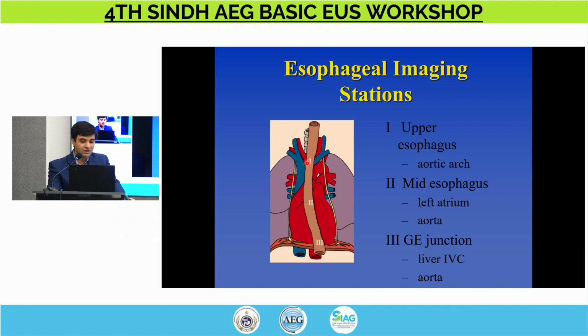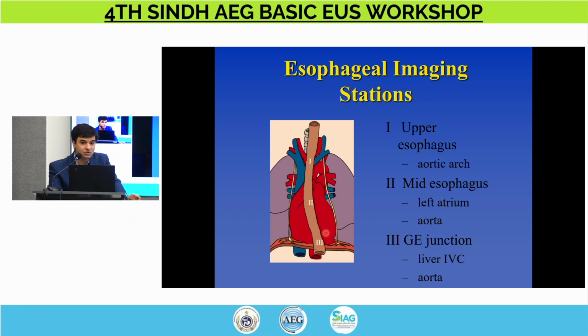So the first area that you want to look at as you're passing your echo endoscope down is the superior mediastinum. The second area is the true mediastinum, and the esophagus is located more posteriorly. And the third area is at the EG junction.